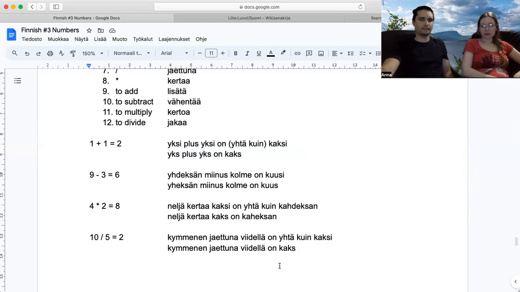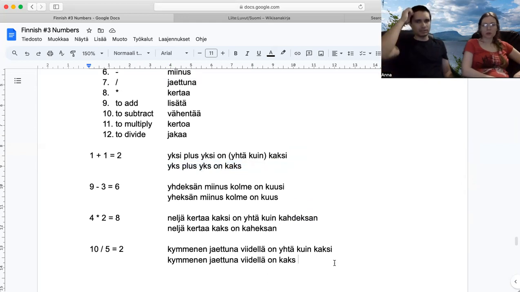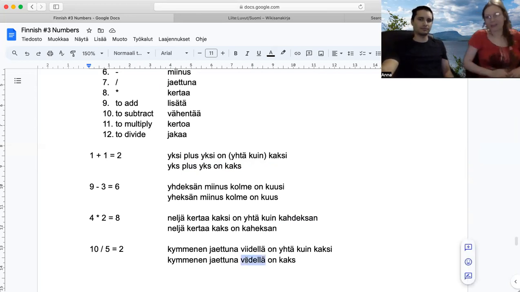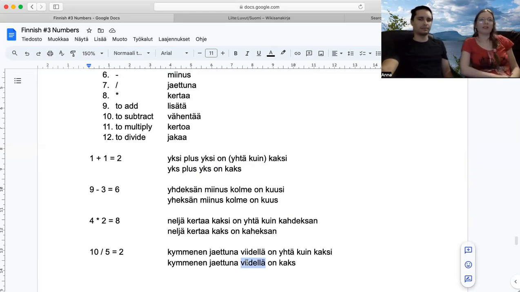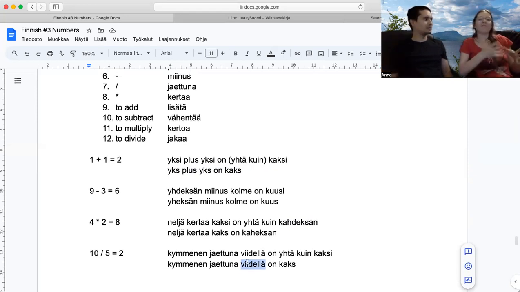Note that in the last one, when we're talking about division, we have those tricky declinations. 10 jaettuna 5. Good that you noted. All the other ones, you don't change the words, they are in the nominative case.